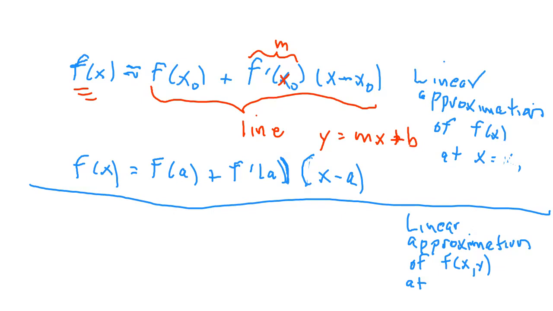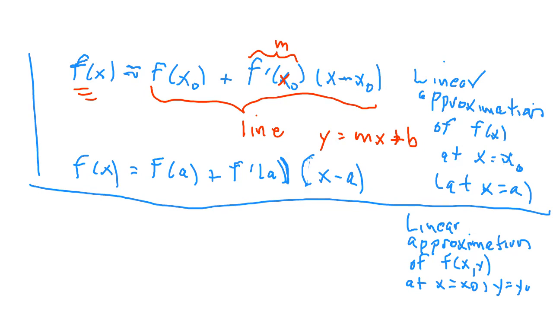Well, hold on. No, we'll stick with this. This is fine. But we also said at x equals a, for this first part here. Now we could also find a linear approximation of a function f of x, y at x equals x sub 0 and y equals y sub 0.